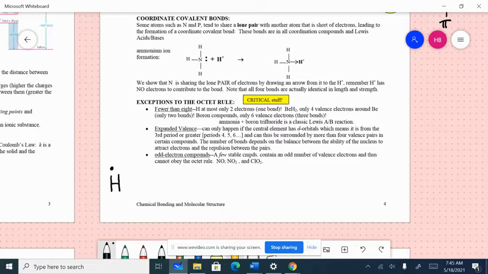So hydrogen can either have 1 electron as an atom, it can have 0 electrons as an H+, and it can have 2 electrons as an H-. Those are the only 3 choices. Under no circumstances will you ever give hydrogen more than 1 bond.